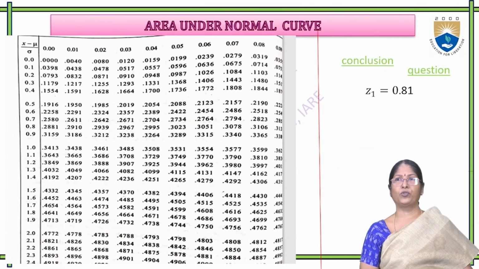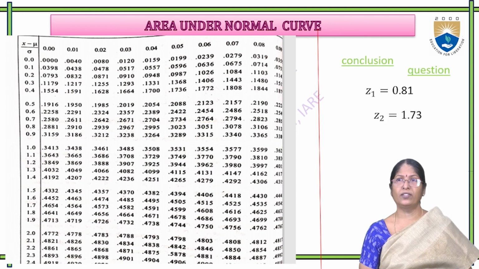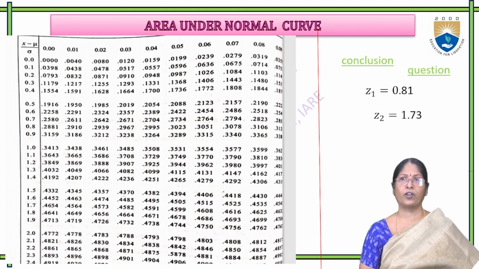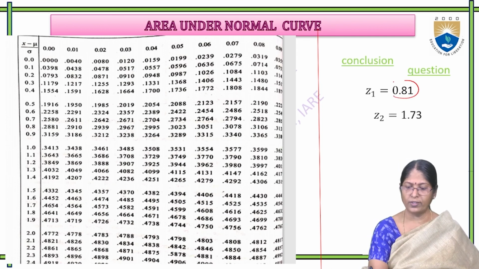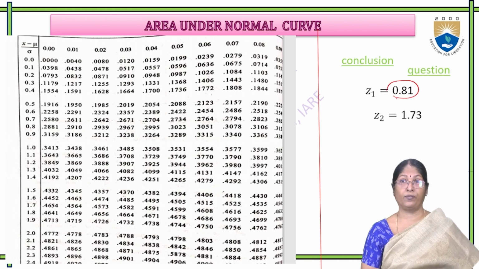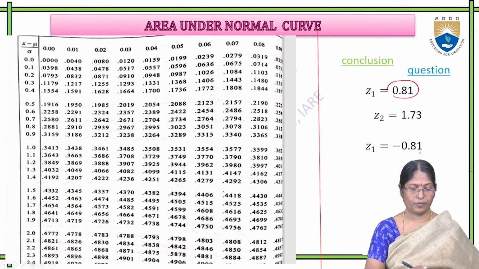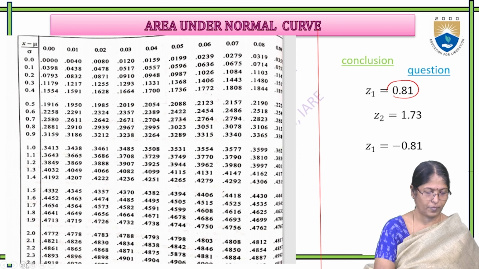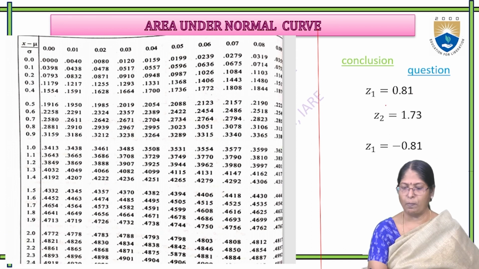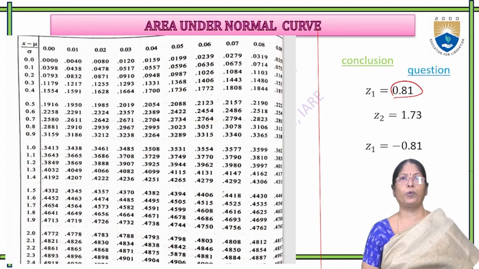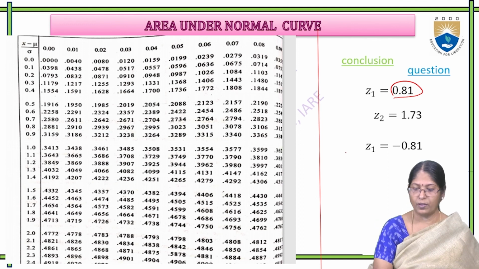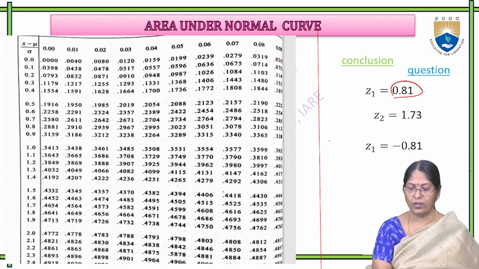So we can see the table values. This is the first one. Two sections are there in this particular problem. Z1 is 0.81, the first section. Yes, we can see it here. Minus 0.81, how it is to be placed, we can see. We needed 0.81, 0.8, 0.01.